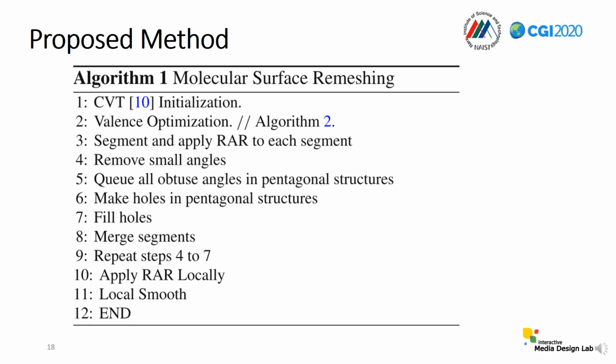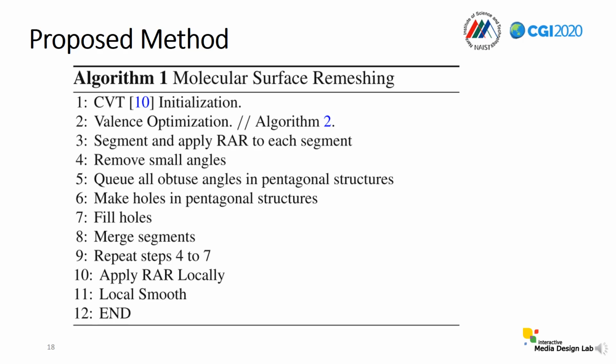The main contribution of this paper is the segment-based surface remeshing, meaning that in step 3 we segment the input mesh, and each segment is individually remeshed using RAR methods. So one of the main contributions is divide and conquer surface remeshing.